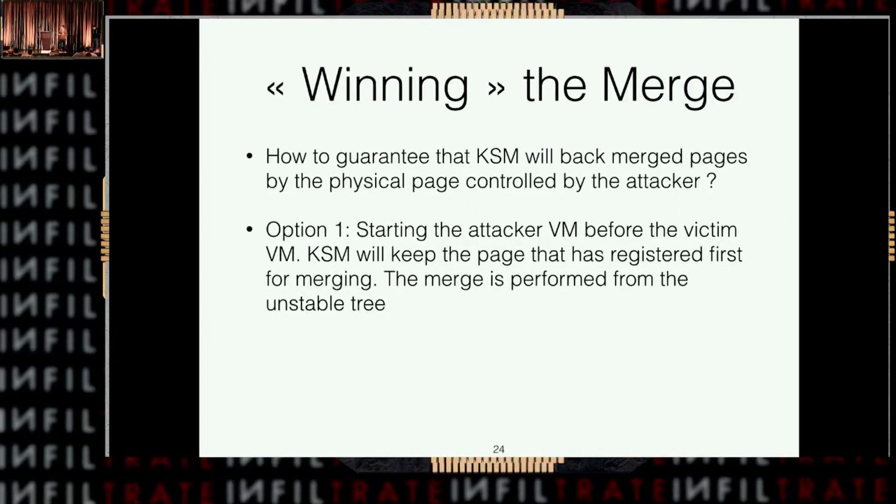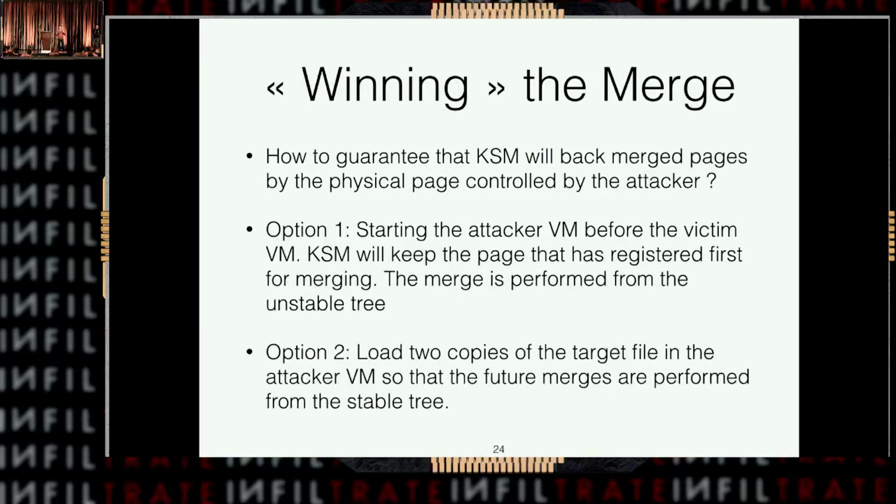But obviously, you can't assume that you will control when a victim VM is booted. So the realistic option is to load 2 copies of the target file in the attacker VM. That way you ensure that your 2 copies are merged first. If they are merged, they go to the stable tree, and once the copy that is in the victim VM is loaded, it will be merged into the stable tree, so into your copy.